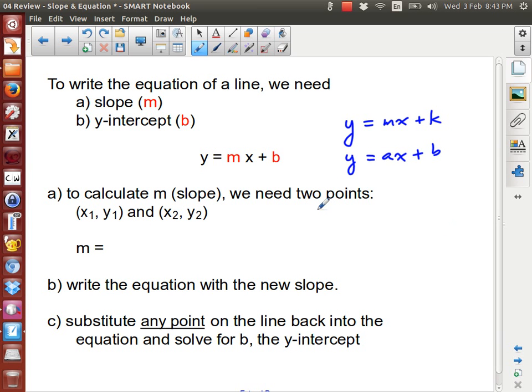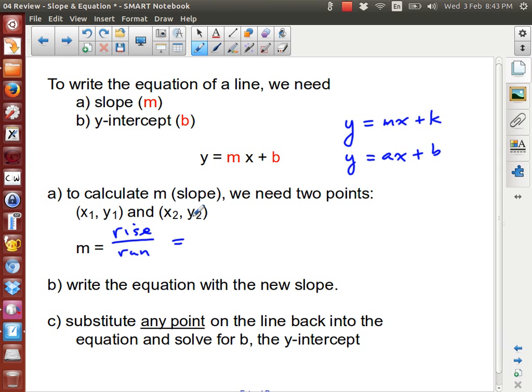To calculate slope, we need 2 points. So here's point number 1, x1, y1, and point number 2, x2, y2. To calculate a slope, we make use of the fact that slope is equal to rise over run. And that means how much has the vertical value changed compared to how much has the horizontal value changed.